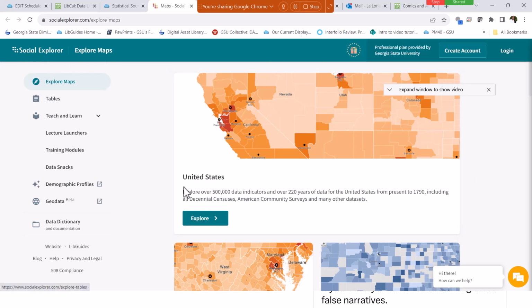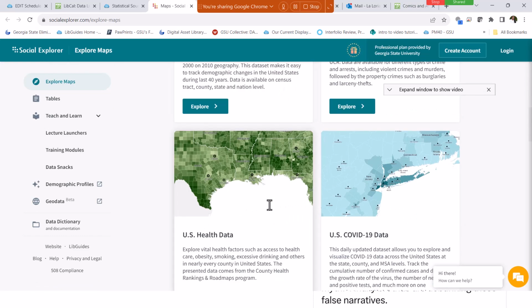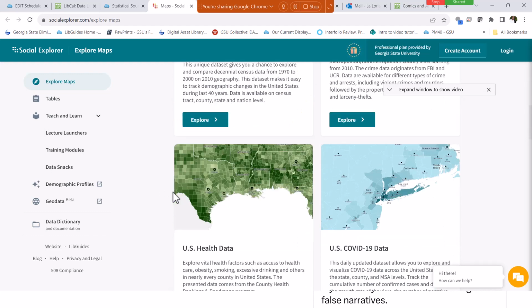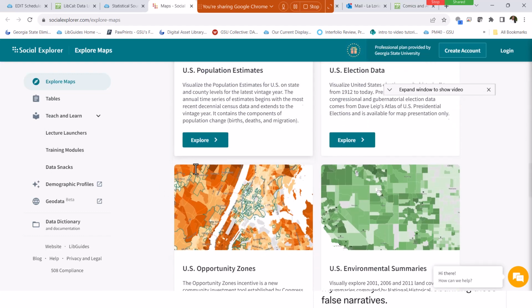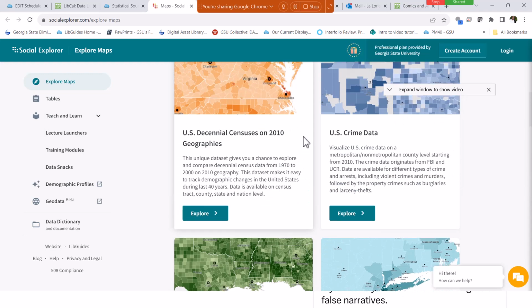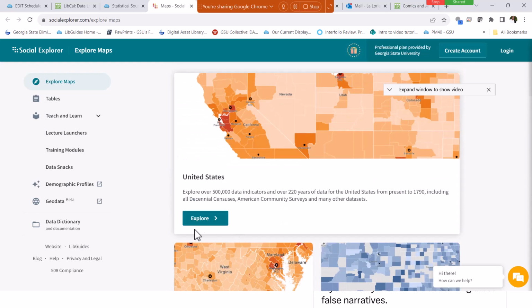This is Social Explorer, and we're going to explore the United States here. You have some other options there too: COVID, crime, health data, and election data. So you can find all of those and represent it visually, graphically. So let's explore.